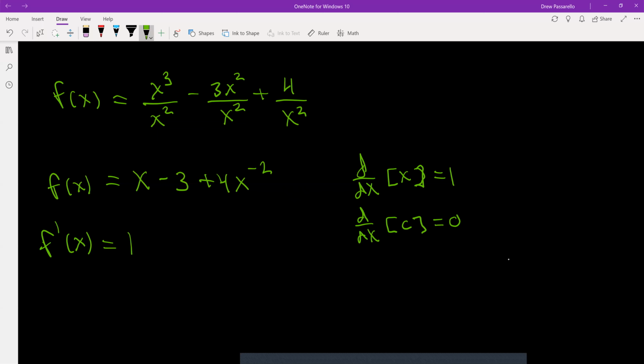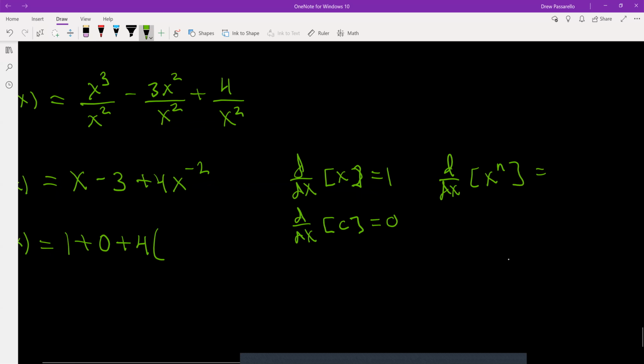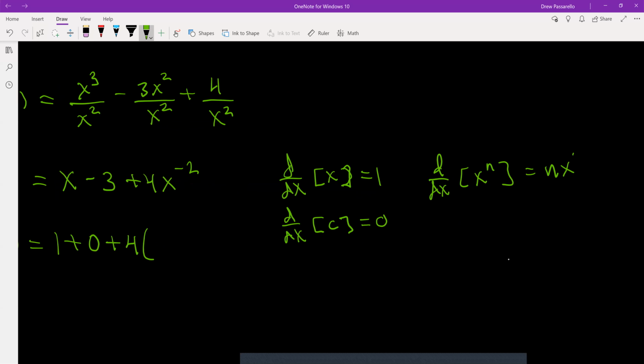If you want to be detailed about it, I'm going to put this as plus 0 for the negative 3. Then I factor out the 4 and apply the power rule to the x to the negative 2. So I drop down the negative 2, so we have negative 2 times x, and then you subtract 1, negative 2 minus 1.